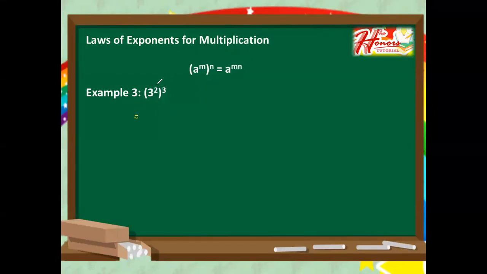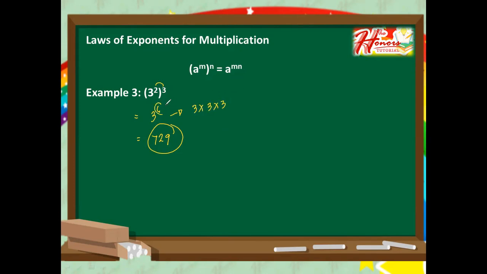Multiply the exponent inside and outside. So that is 3 raised to 2 times 3, that's 6. And then simplify. What is 3 raised to 6? That is not 18, okay? That is 729. Why 729? It is because 3 raised to 6 means you have to multiply 3 six times to itself.